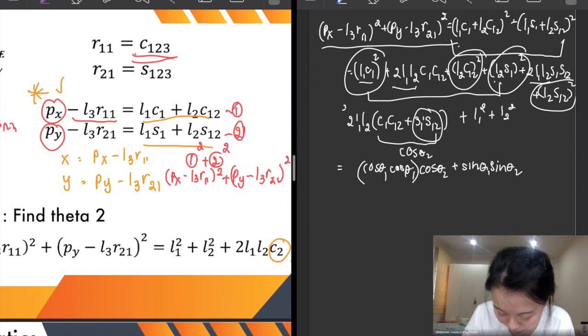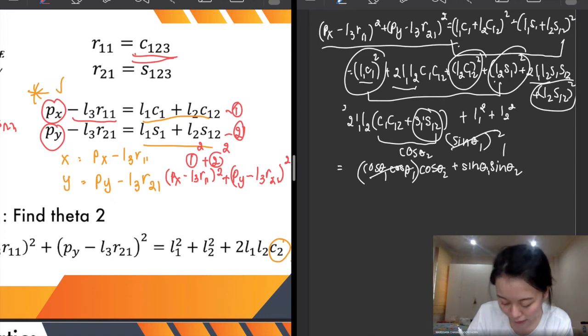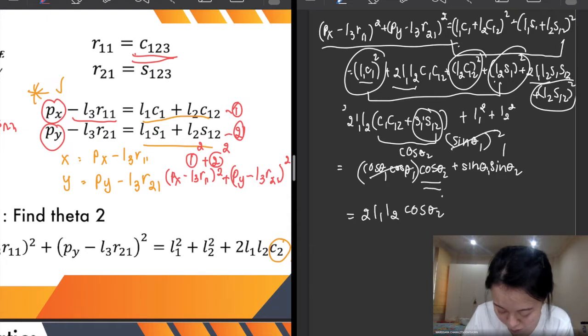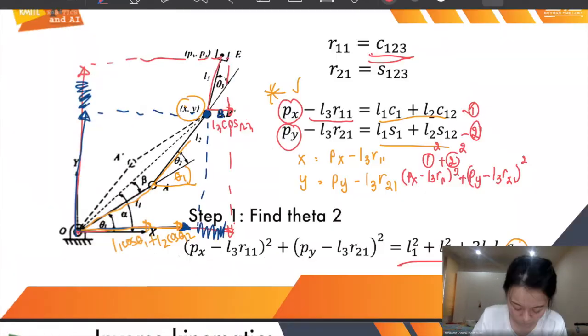For the next term, I will get sin theta 1 squared, and this will cut off to be equal to 1, and cos theta 2 will remain. So I will get 2 L1 L2 cos theta 2 plus L1 squared plus L2 squared.